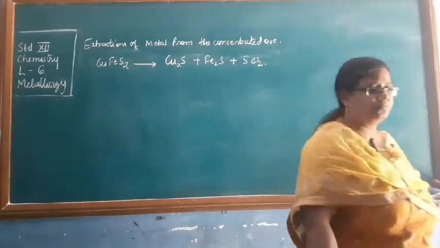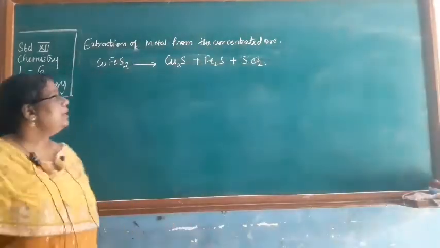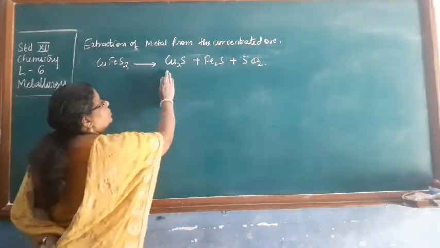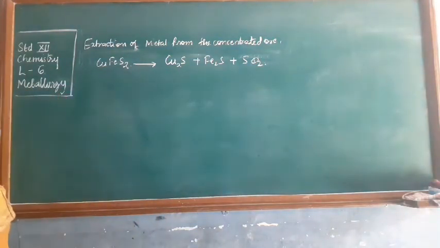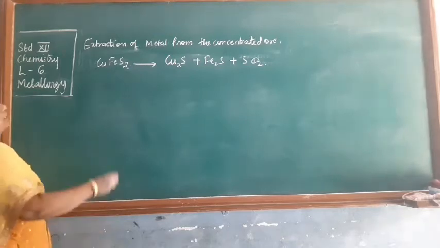So here you obtain Cu2S, Fe2S. This copper pyrite you are taking in the reverberatory furnace and you are carrying out this equation.